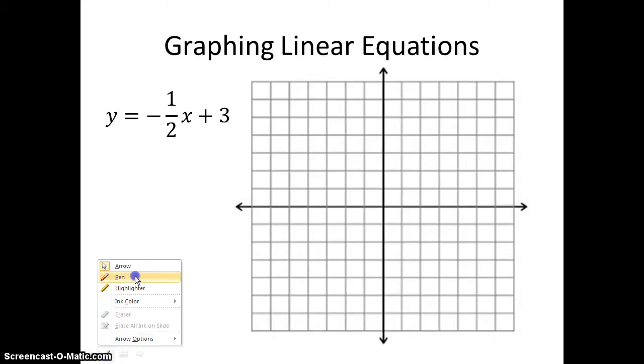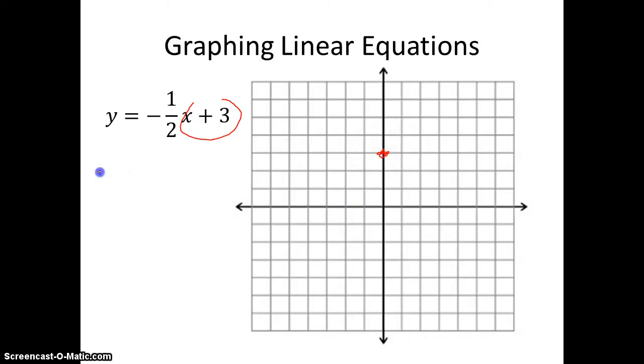Again, our y-intercept at this time is a positive 3, so this time I'm going to start up here at 3. And my m equals -1/2, so I'm going to go down 1 over 2. Our rise is -1, our run is 2. Down 1 over 2. Down 1 over 2.